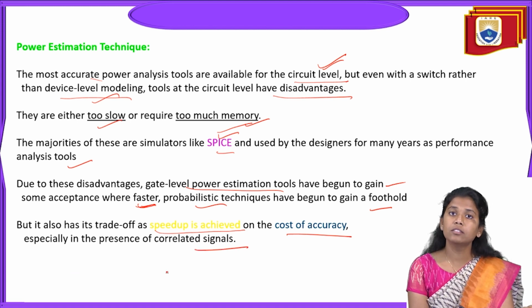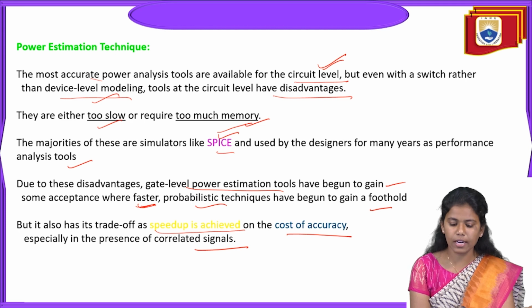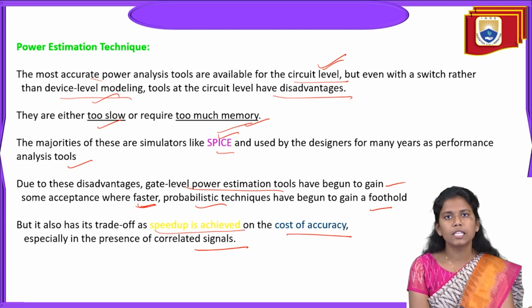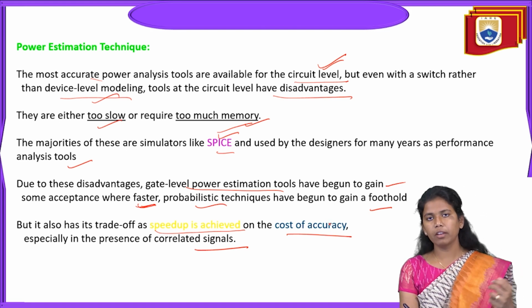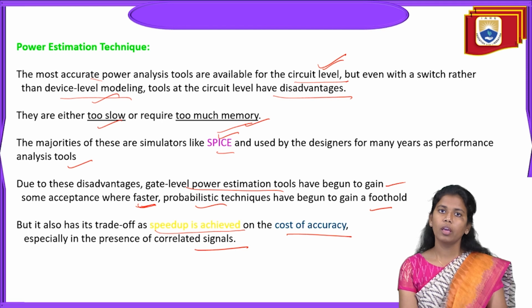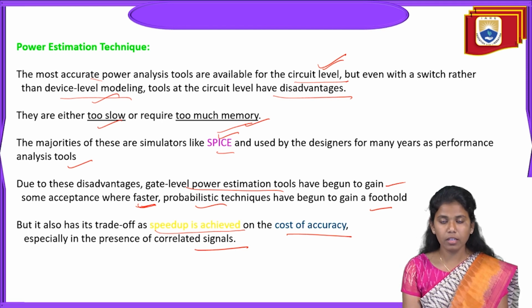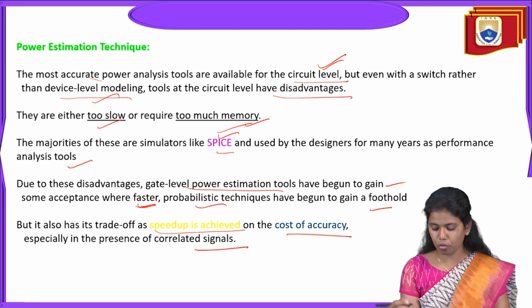So in the case of correlated signals, the swiftness of the module is achieved, but at the cost of accuracy.